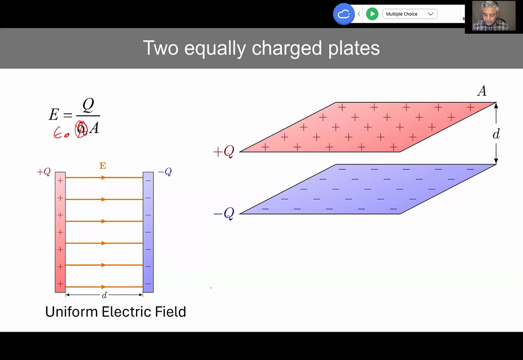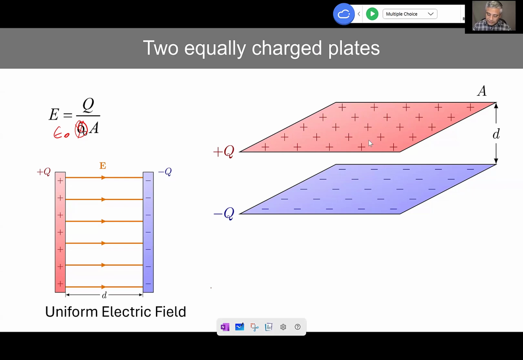Now, two equally charged plates separated by a distance D, and each plate has area A. What happens if I draw field lines in this kind of setup?